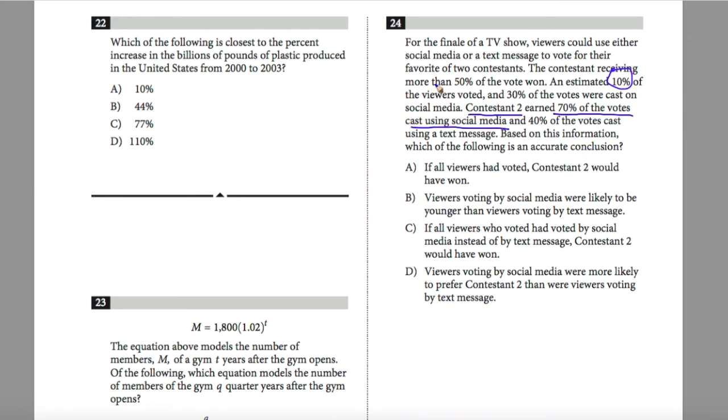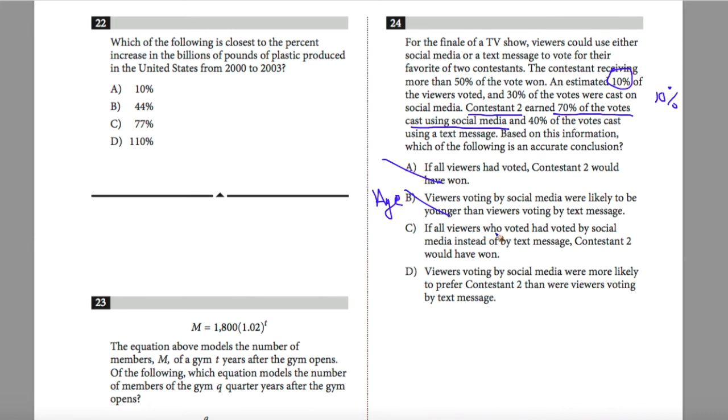Well, there's not a lot of information here, and it all seems pretty vague. So let's see what we can decipher for what makes the most sense given the information that we have. If all viewers had voted, contestant 2 would have won. Well, we don't exactly know that because only 10% of the viewers voted, and there's not enough information to make a plausible prediction. Viewers voting by social media were likely to be younger than viewers voting by text. Age is never even mentioned, so it's completely out of scope for what the question is asking.